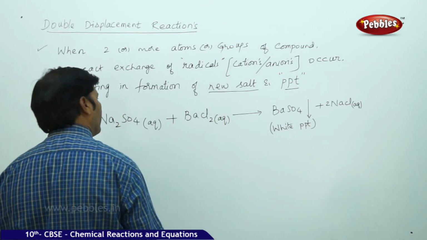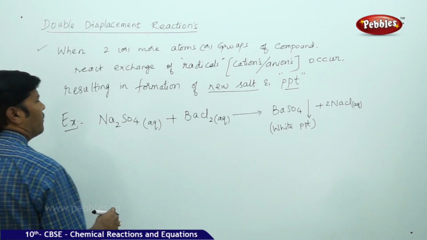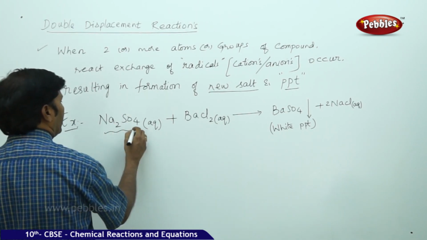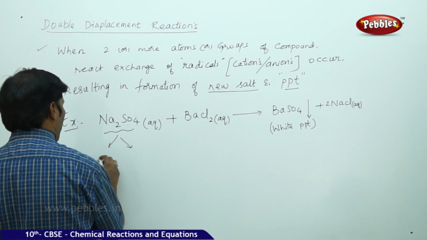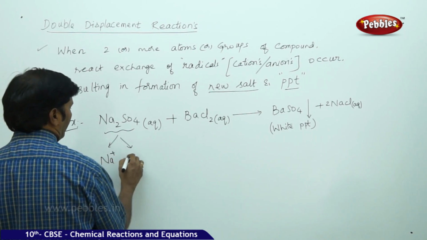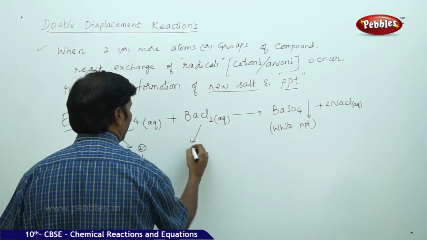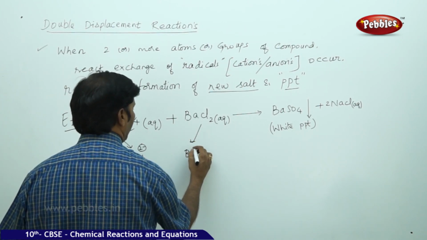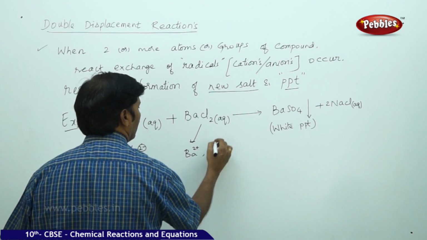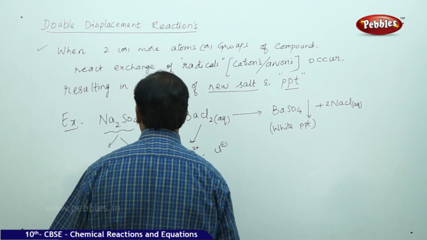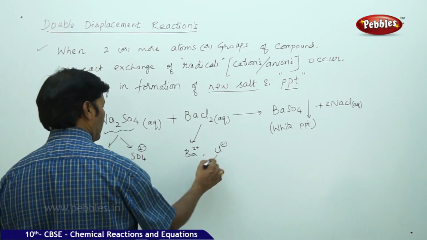So what are the ions involved here? Sodium sulfate contains Na+ and SO4 2-, and barium chloride contains one barium ion and chloride ions. So there is an exchange of radicals taking place.